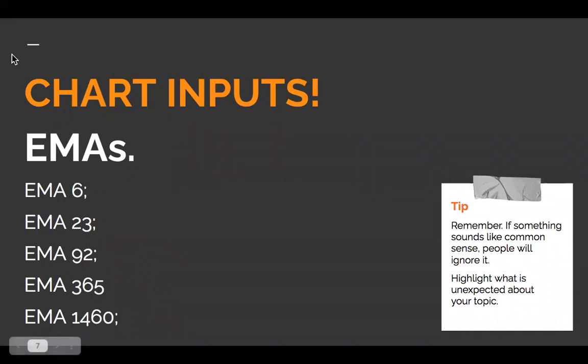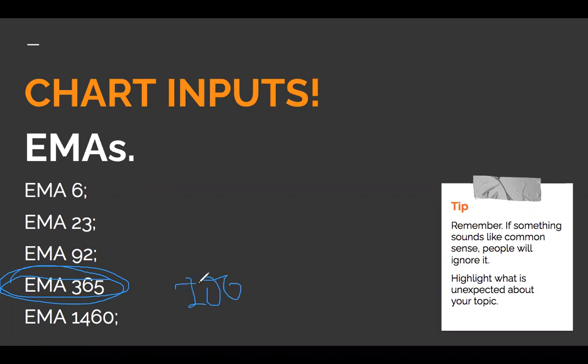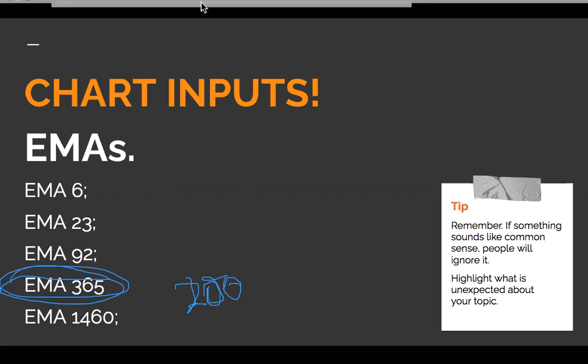The reason why I chose specifically EMA 365: with the market maker method or market maker theory, they actually use the EMA 200 as the baseline EMA. And the reason for this is that the number of trading days that are actually active in a particular month is 200.